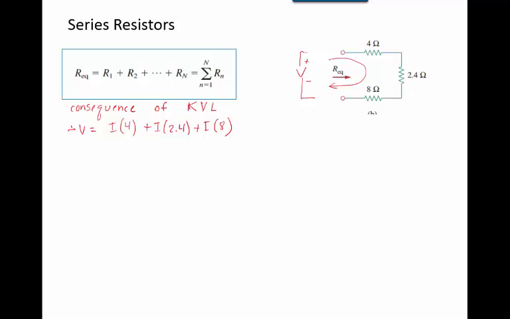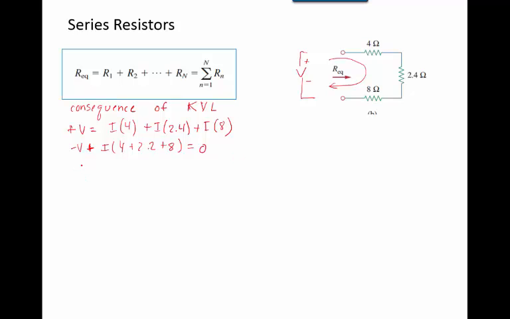That would be plus V, because I moved the sources to the other side. I could have said minus V plus I times (4 plus 2.4 plus 8) equals 0. That's Kirchhoff's voltage law.